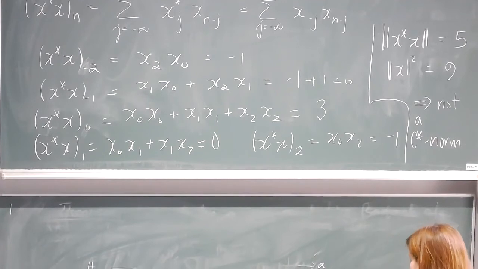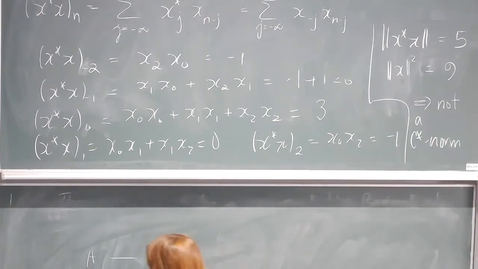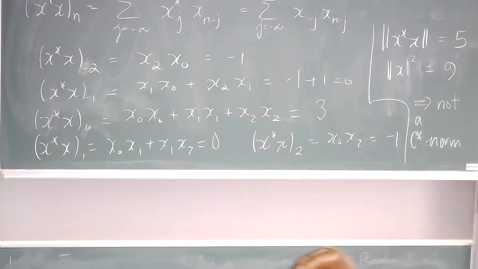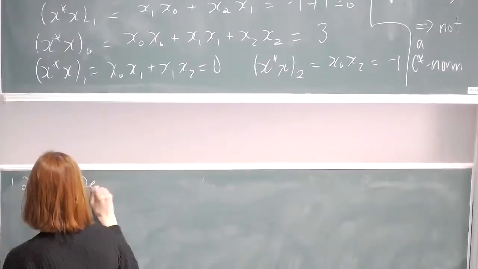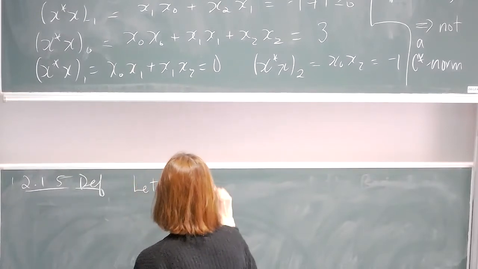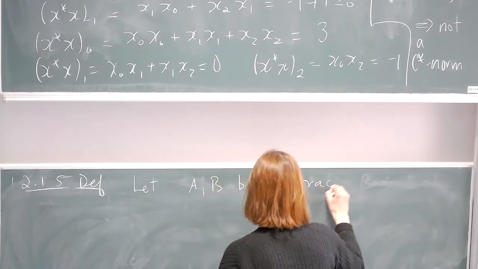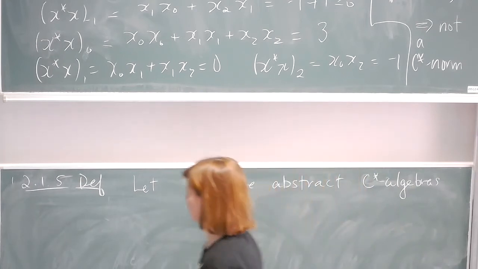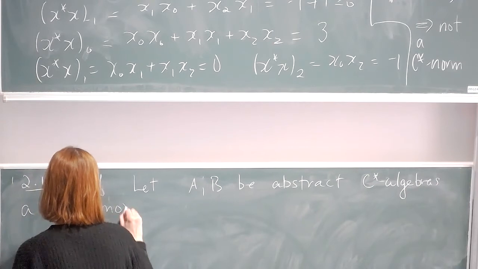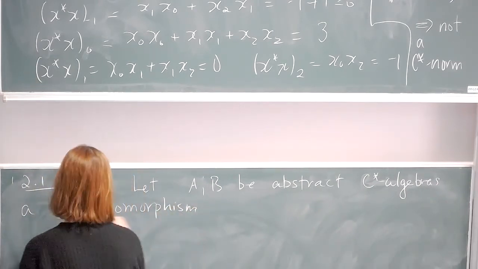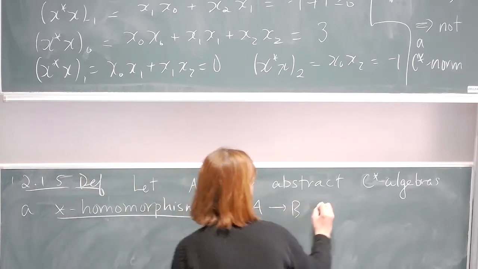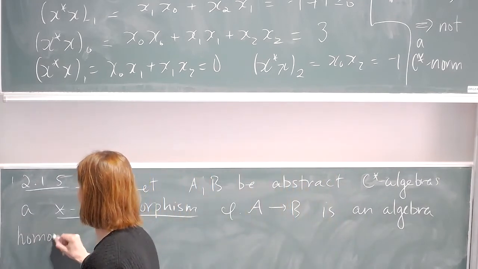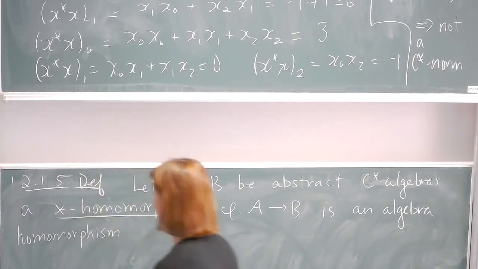Okay, as usual, we want some notion of a structure preserving map between C-star algebras. So what is that in this context? Take two abstract C-star algebras, A and B. A star homomorphism phi from A to B is an algebra homomorphism which also preserves the star.